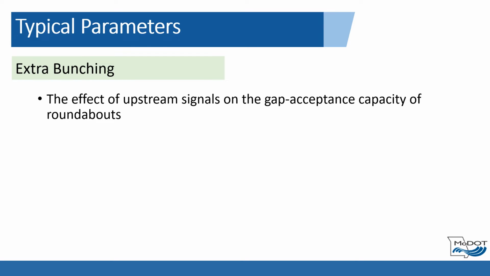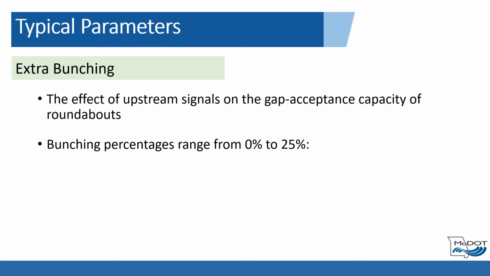Extra bunching helps analyze the effect of upstream signals on the gap acceptance capacity of roundabouts. Bunching percentages range from 0% to 25%. Bunching is equal to 0% if the traffic signal is further than 2,600 feet away.